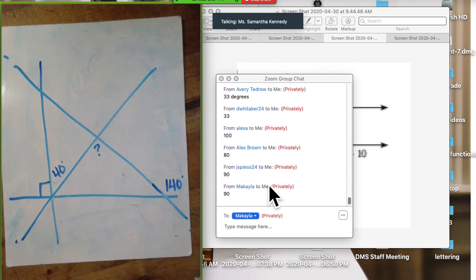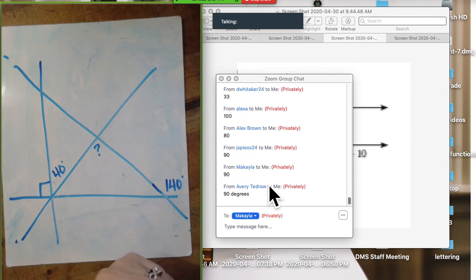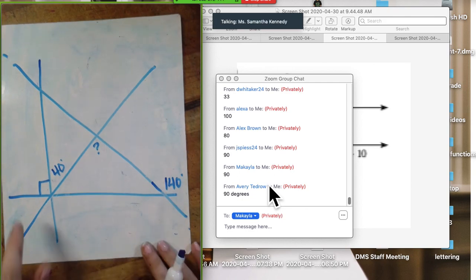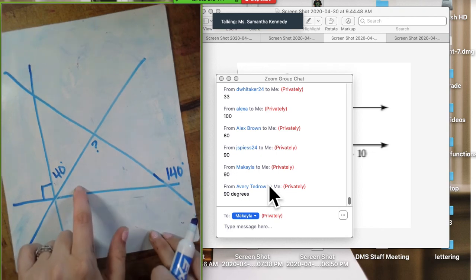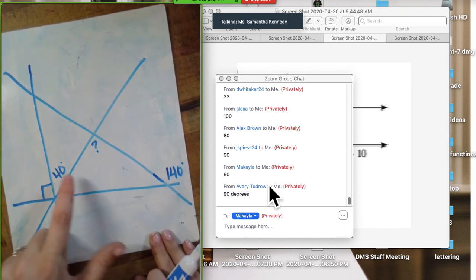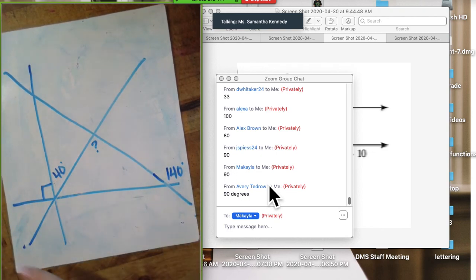I'm getting a couple different answers here. All right, so if we were to look at these three angles here, we would have 90, 40, and a missing angle would be 180.